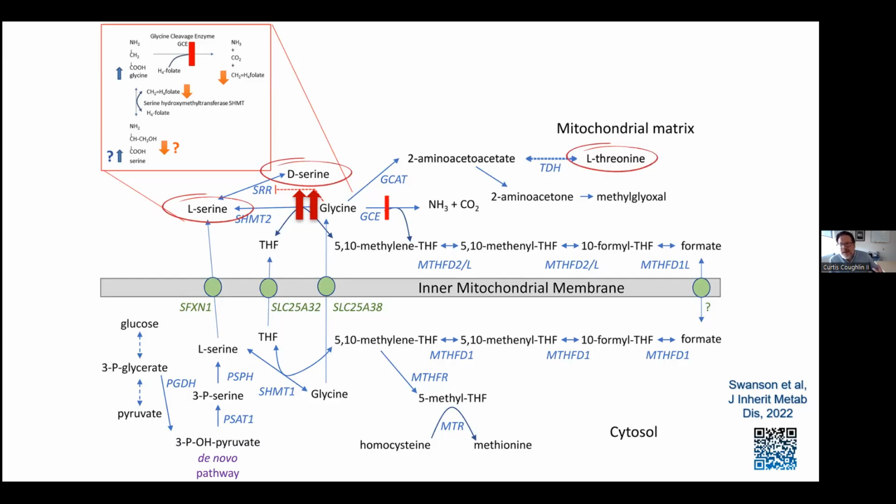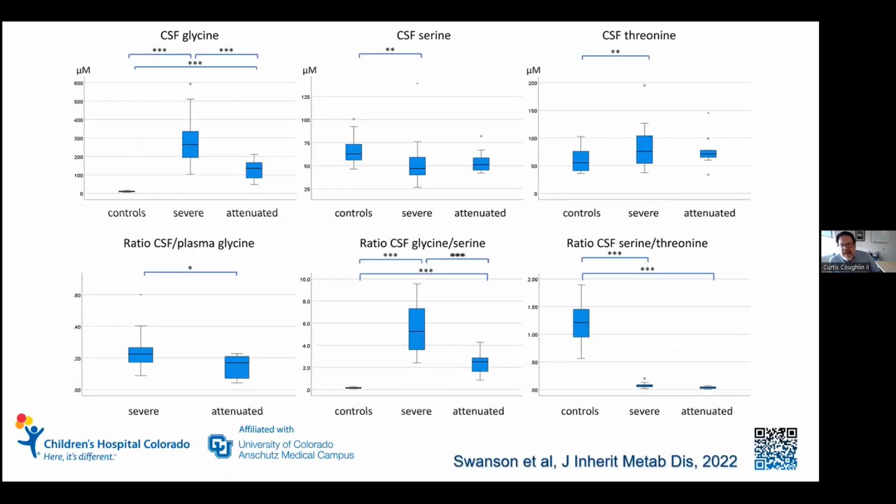But really the gold standard for those of us in biochemical genetics is that we'd love to be able to use this biochemistry to say something about the severity of the disease or predict some prognosis. So this is a nice paper by the Van Hove lab that was published last year. You'll see that I add a lot of QR links for papers that I think might be interesting, and you can search these papers later.